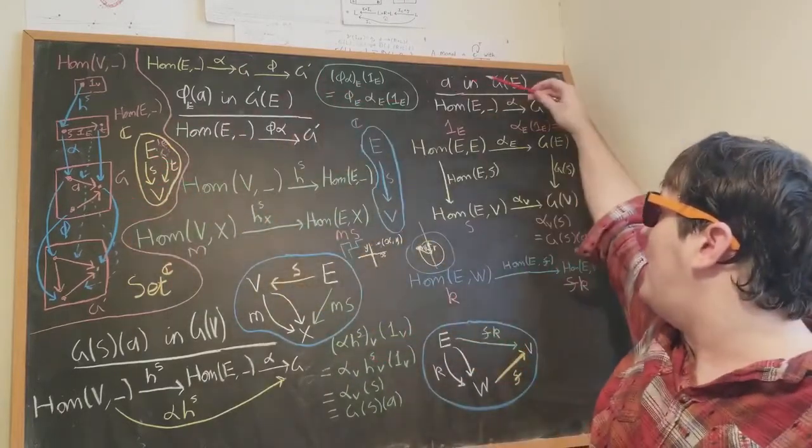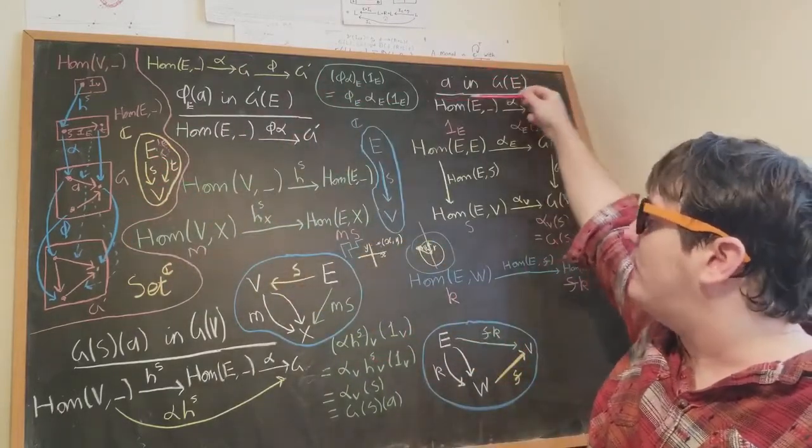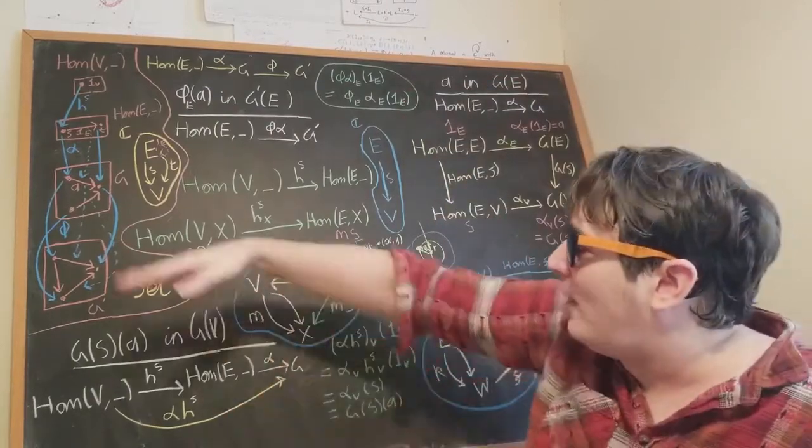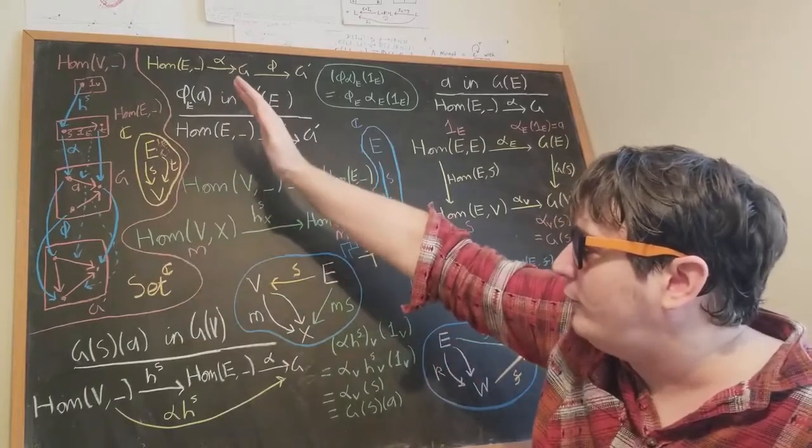But when we apply this kind of Yoneda isomorphism, and you're thinking about things in terms of arrows, the way we describe this is really quite different.